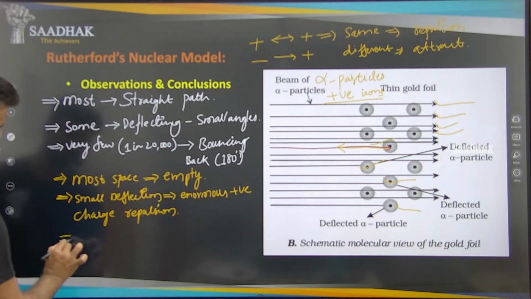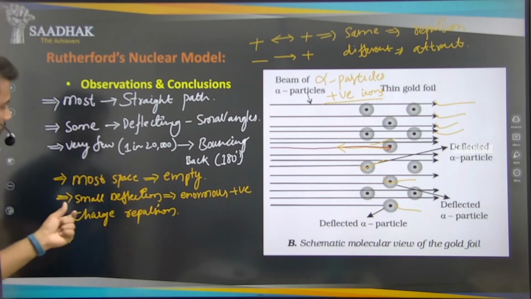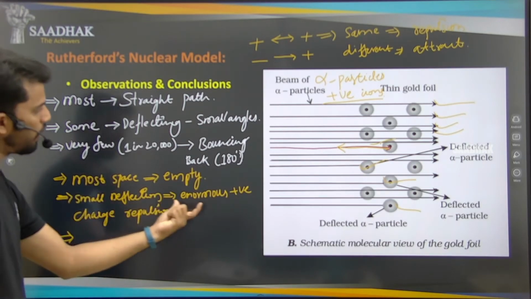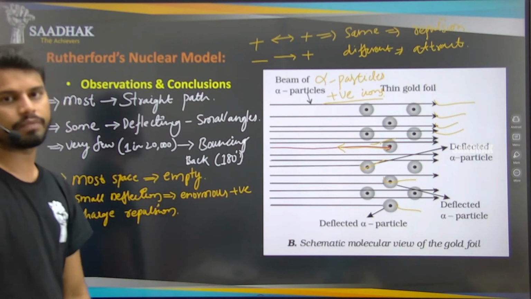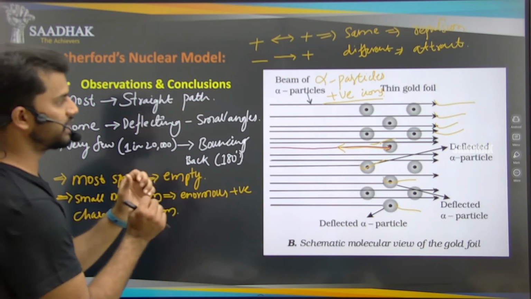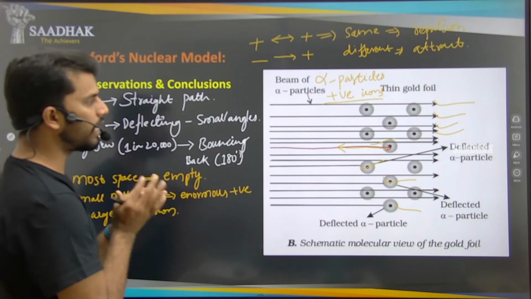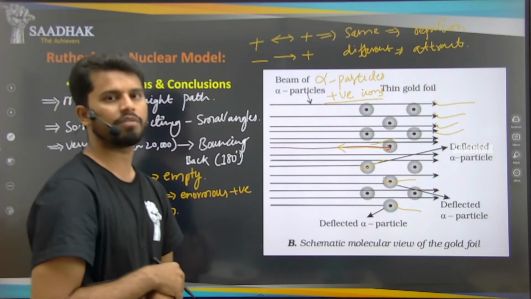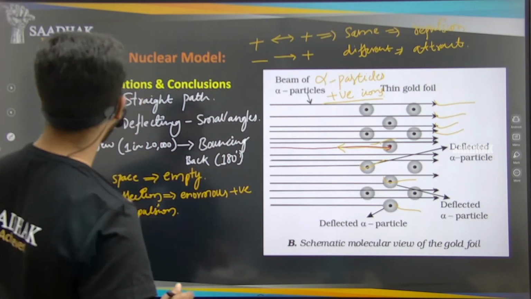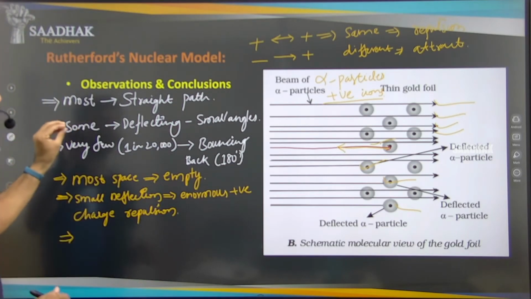He said that small deflection is due to the enormous positive charge repulsion. So whatever positive charge is there, which is very enormous, due to that the small deflection in the alpha particle is happening, and that too for a very small amount of alpha particles.